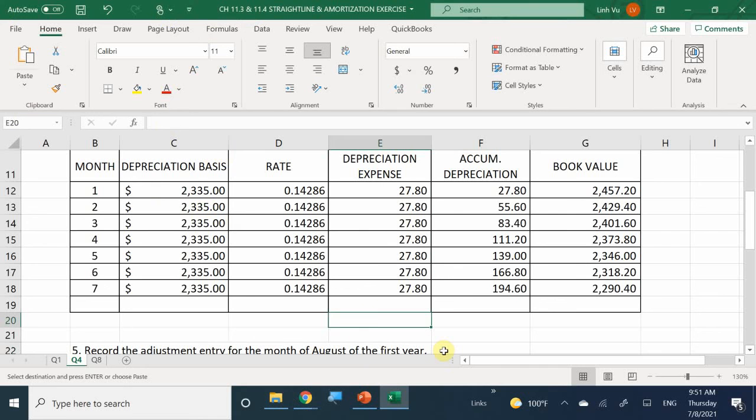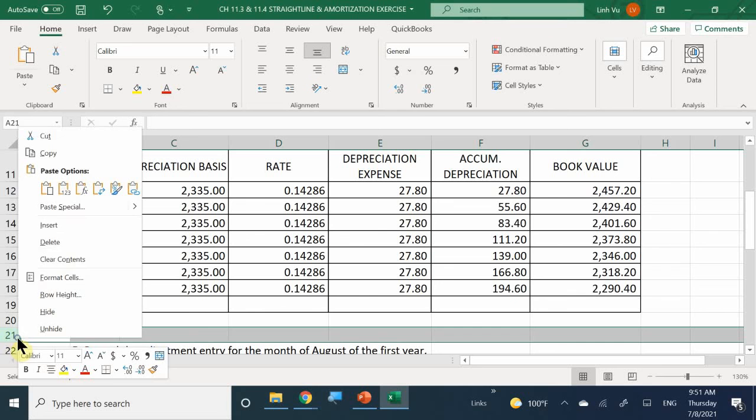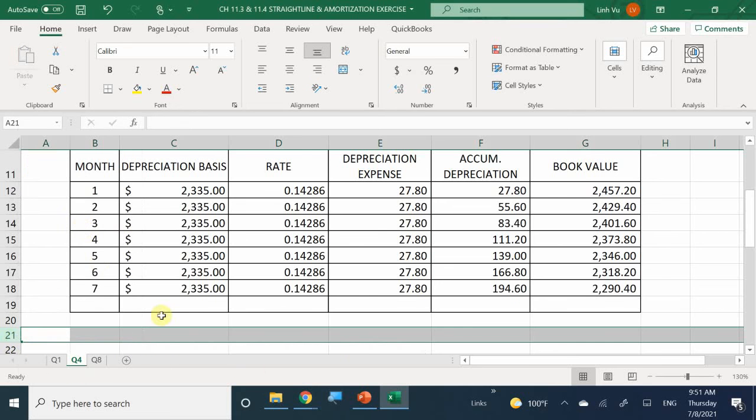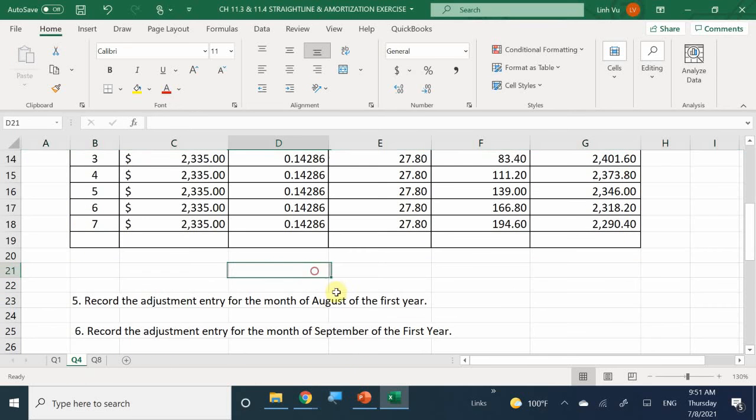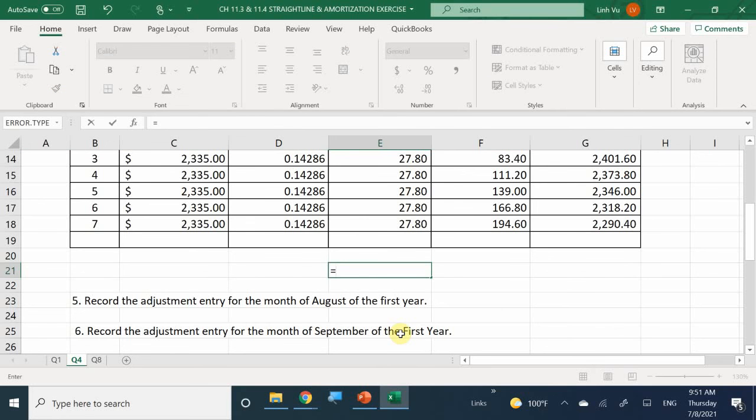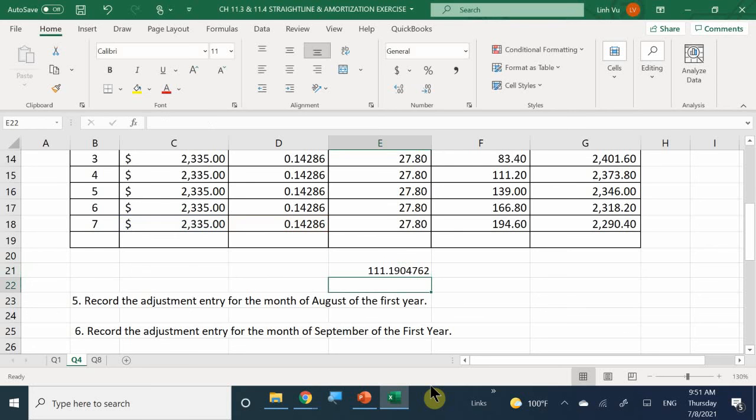If my depreciation expense was in fact this times this, and I only want 4 out of 12 months, it should be 111.19.